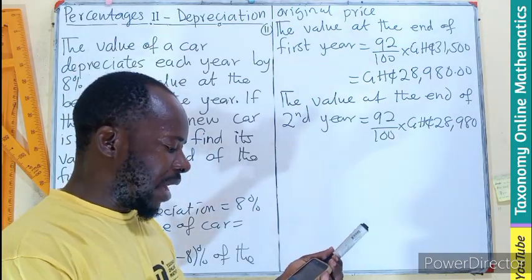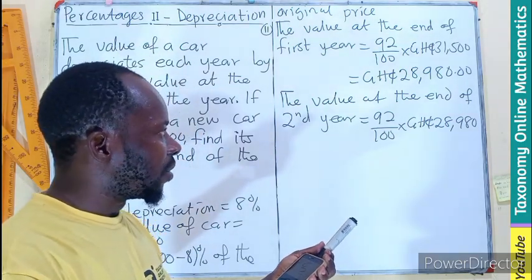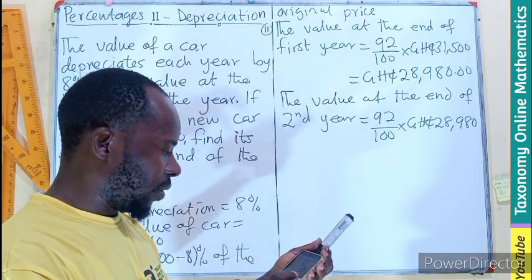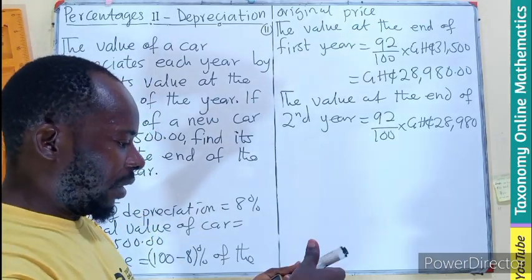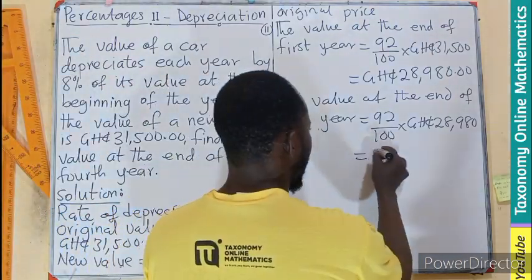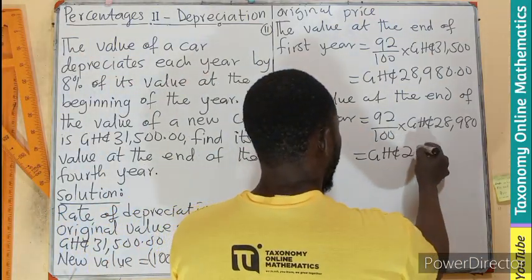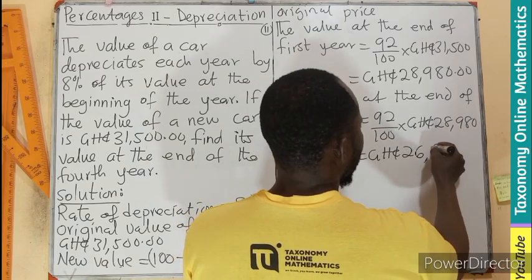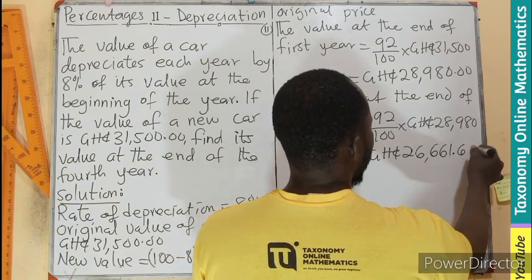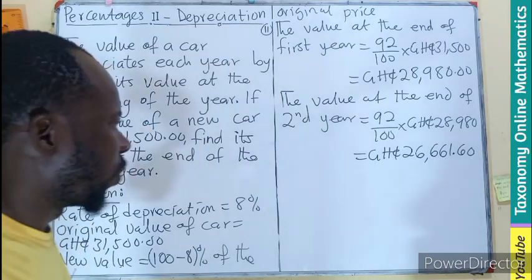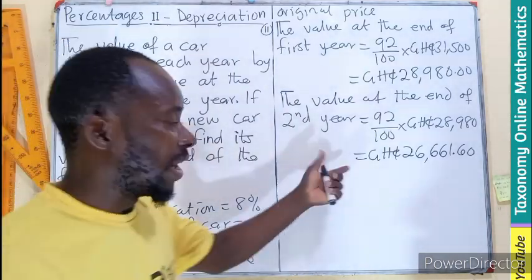So if that is done, this when calculated will be giving you a value of 26,661.60 pesos. Don't forget, this is just for the second year.